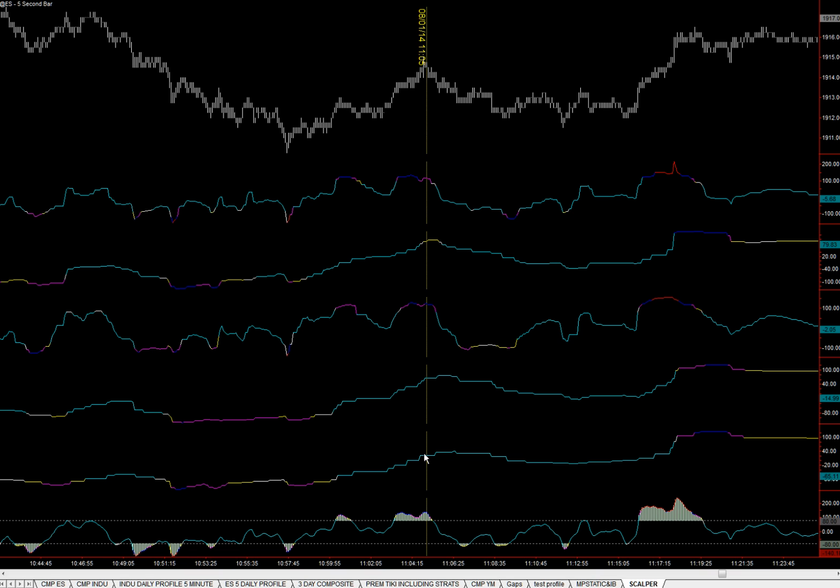So with that information in mind, we have a lot of confirmation going on, enabling us to identify these opportunities and just cherry pick the trades. It works very, very well.